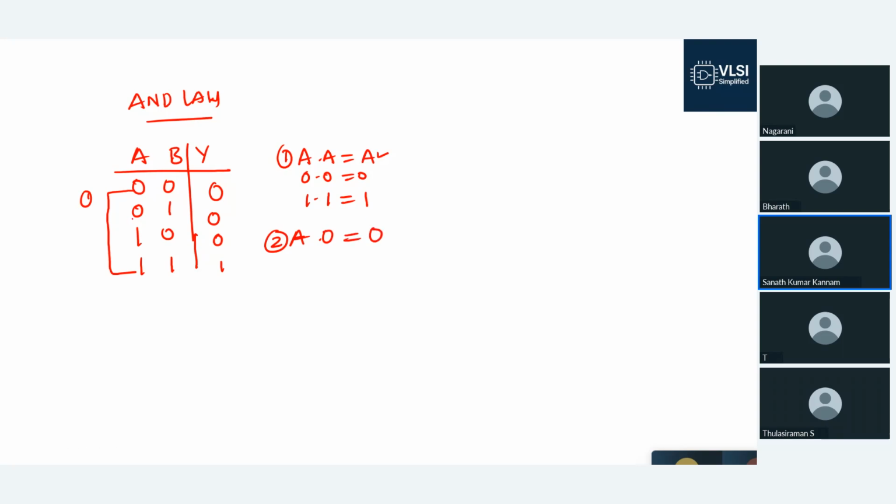A and 0 equal to 0 means you can write this one and this one. Second one. So A is 0, this is 0. A is 1 and 0, this is 0.